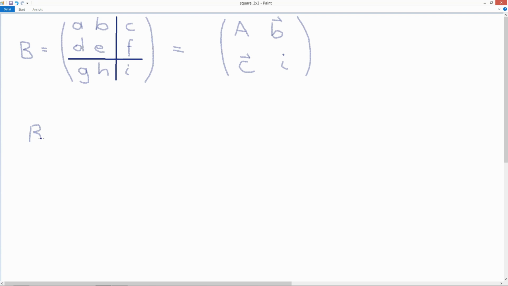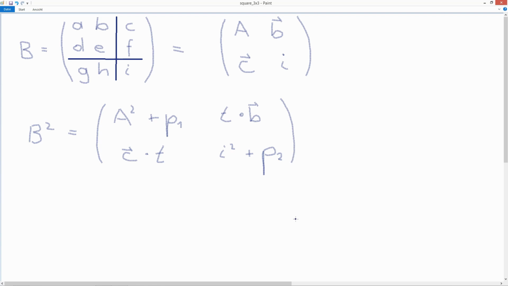B squared is equal to A squared plus some product P1, T times B, where T is some kind of a trace, C times T and I squared plus some product P2.